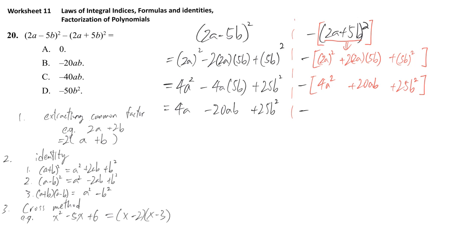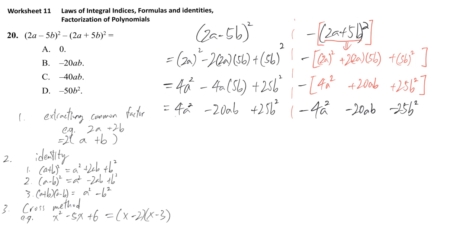Alright, so every term we have to multiply by negative. So 4a squared will become negative 4a squared, positive 20ab becomes negative 20ab, positive 25b squared becomes negative 25b squared. And then, oops, I made a careless mistake, this is squared.